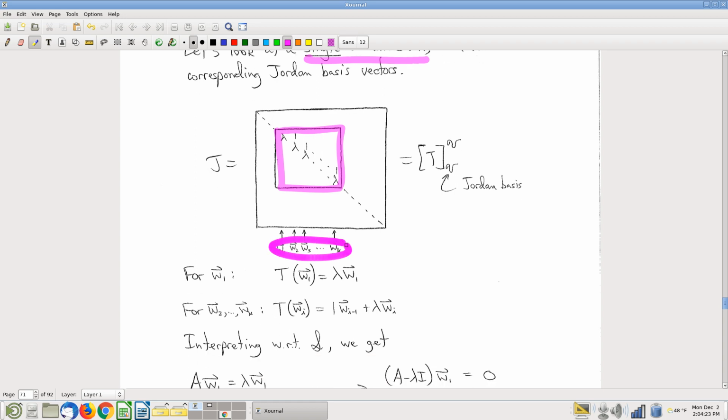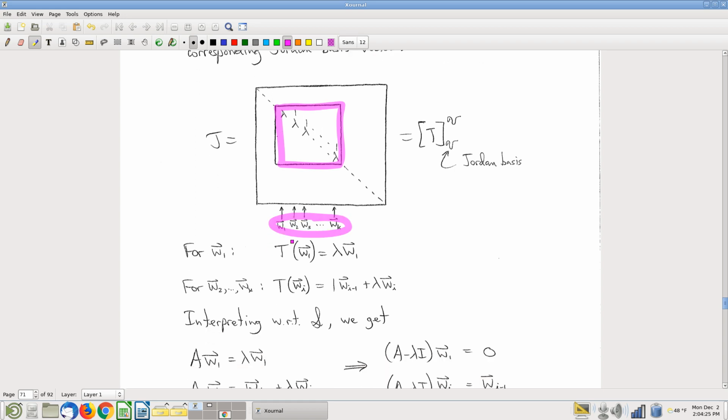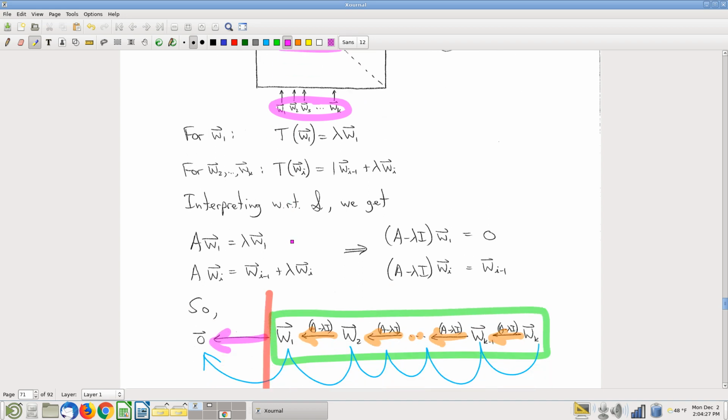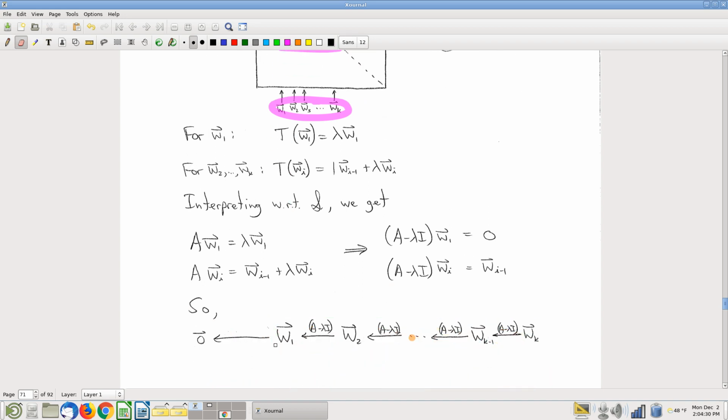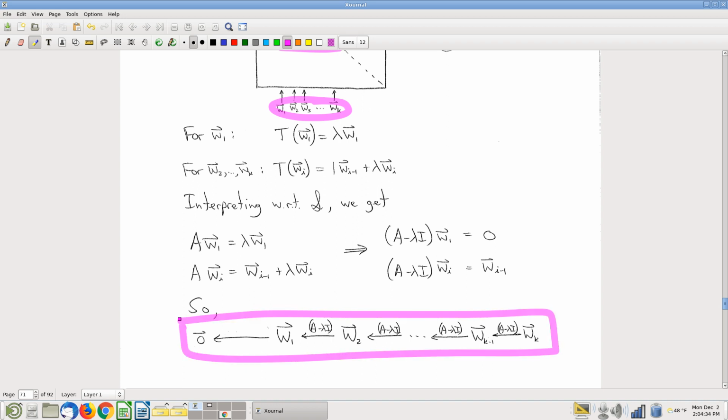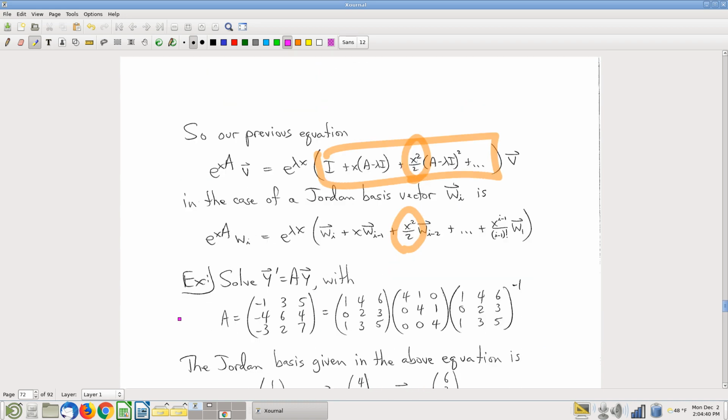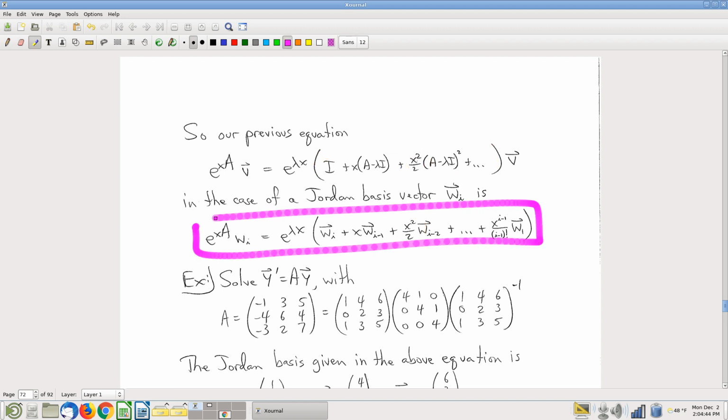Not the whole Jordan basis, just the part of the Jordan basis corresponding to a single Jordan block. And it is this diagram here that allows us to rewrite the formula corresponds to just the basis vectors in a single Jordan block. Right? So you've got to stop when you get to the corresponding first vector in that list. Namely, you stop when you get to that eigenvector there.